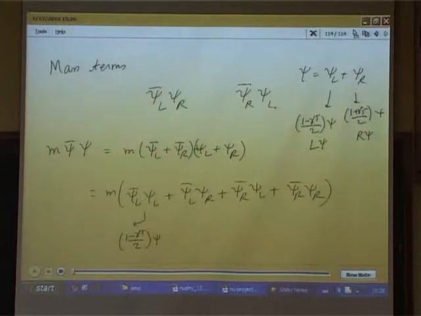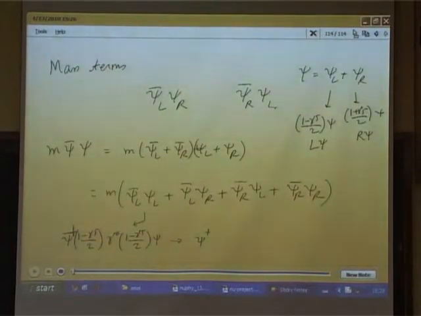What is psi_L bar? It is the Hermitian conjugate of this, with a gamma_0. So when I take the bar, psi_L bar is psi dagger times (1 minus gamma_5)/2, times gamma_0.